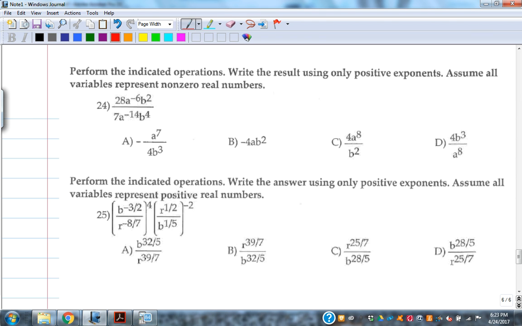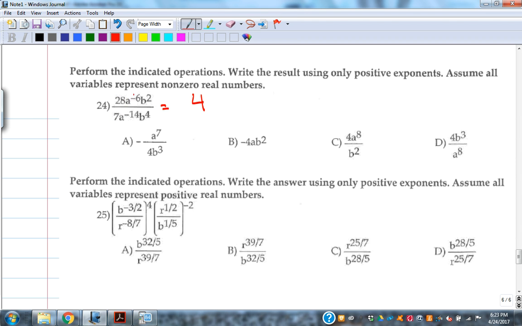Perform the indicated operation. Write the result using only positive exponents, the same variables that represent non-zero real numbers. So that part really doesn't matter. Positive exponents only is the thing that matters. So what you want to do is perform all other exponent rules before you fix the negatives. The first thing I see is 28 over 7, which should just be 4.